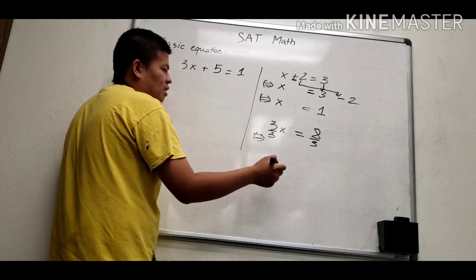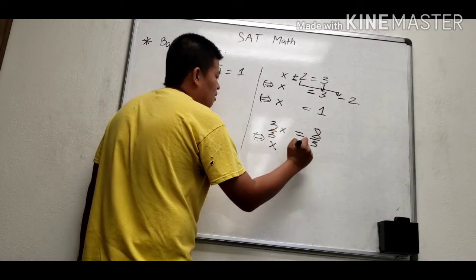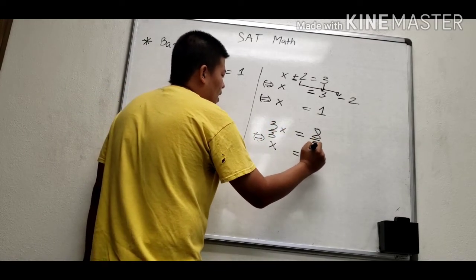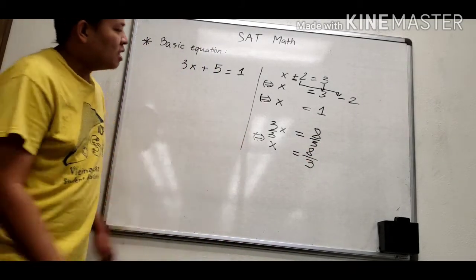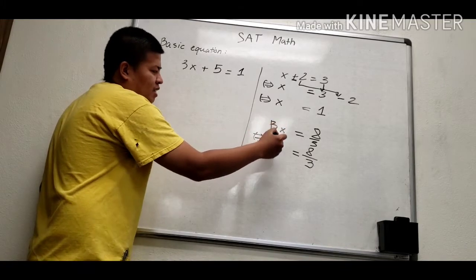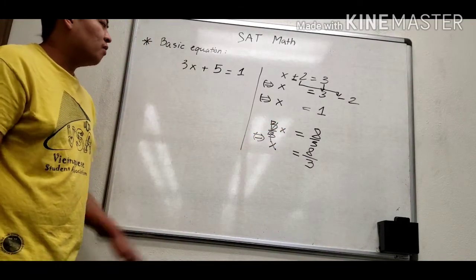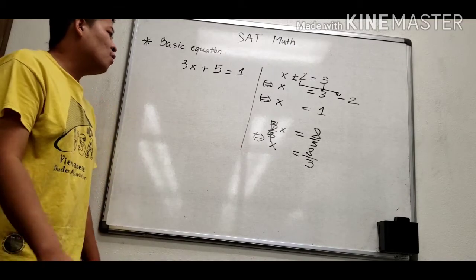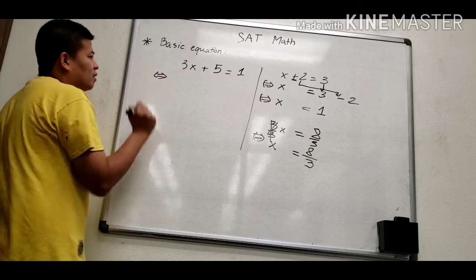Then we become 1s, and the answer is s equals 8 over 3. So 3 divided by 3 simplifies, and we got s equal to 8 over 3.